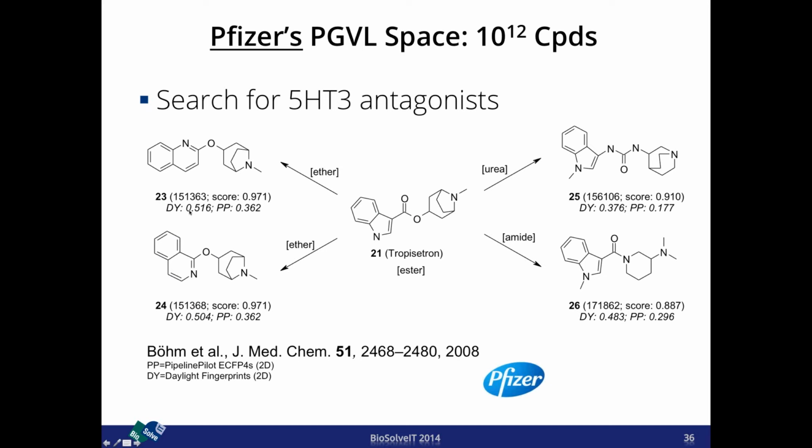And you see the orthogonal character of the feature tree descriptor here, where 0.97 stands against 0.5 or 0.3 for the Pipeline Pilot ECFPs, 0.48, 0.29, 0.17, 0.37, and so on. So this is relatively low always, this is relatively high always, and this should be an eye-opener.